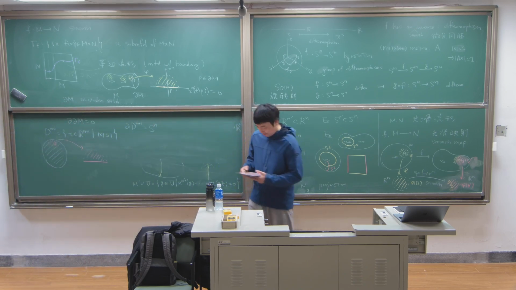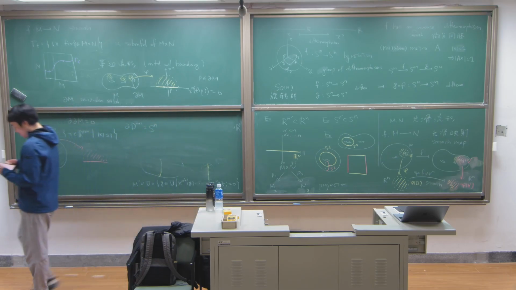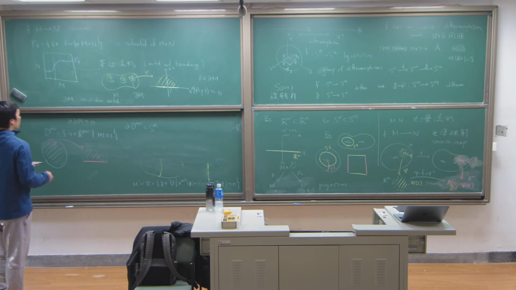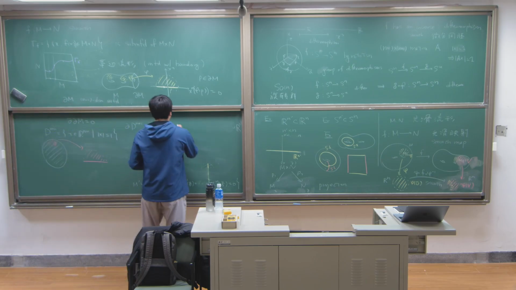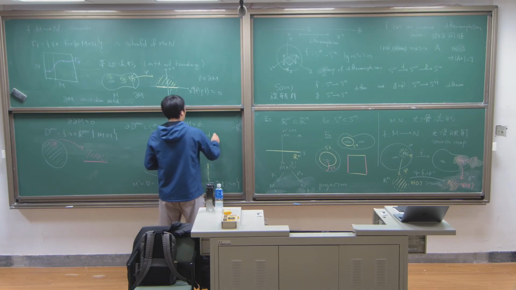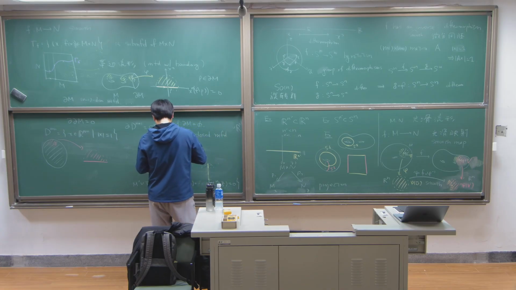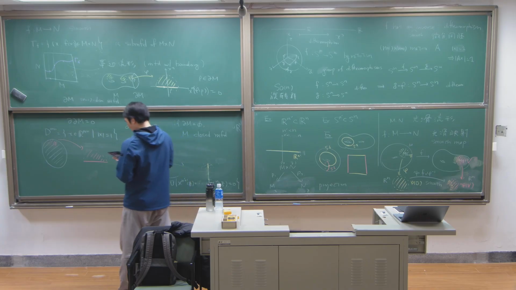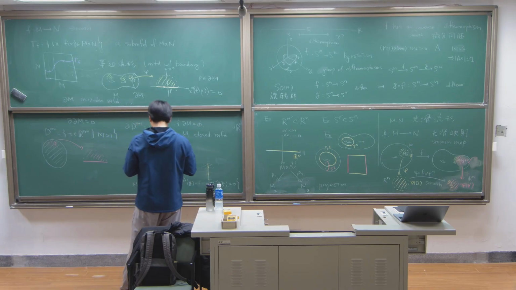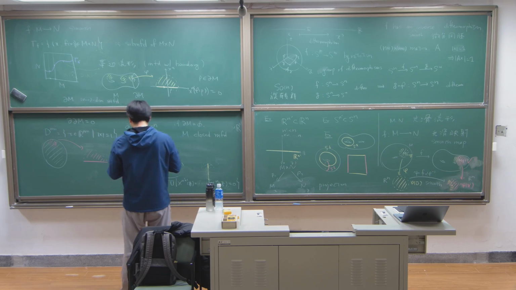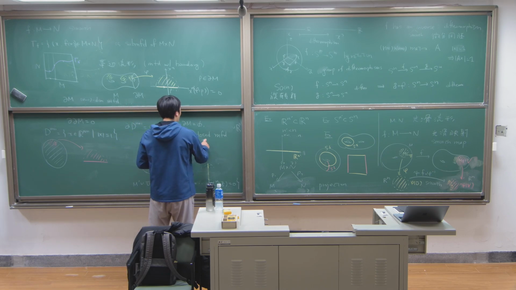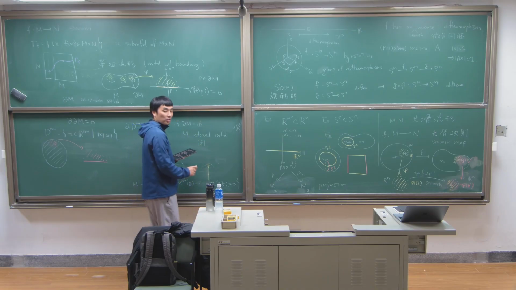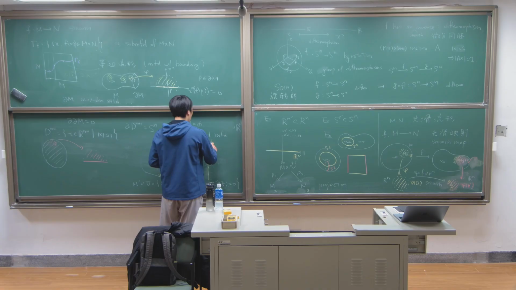So smooth manifold. If the boundary is empty, M is called a closed manifold.